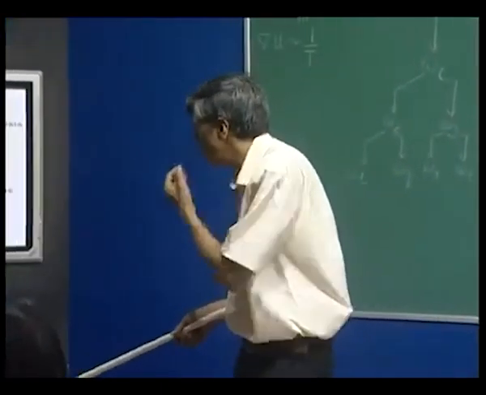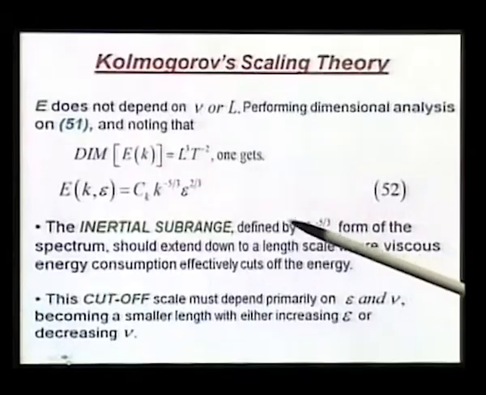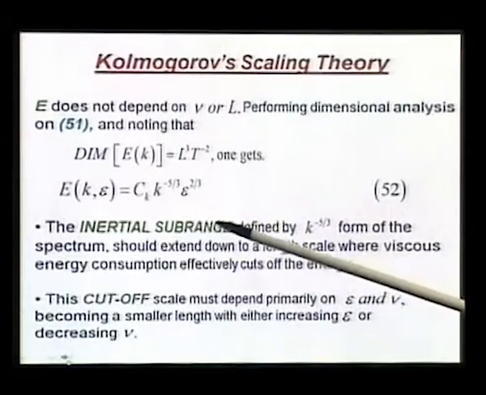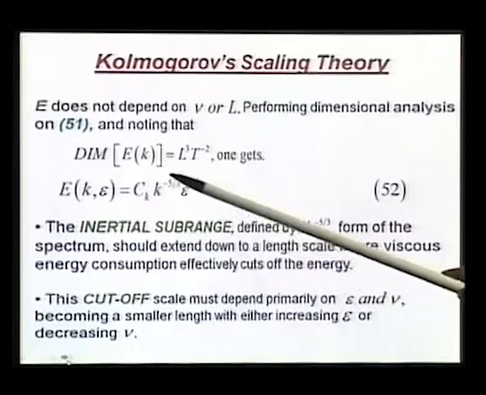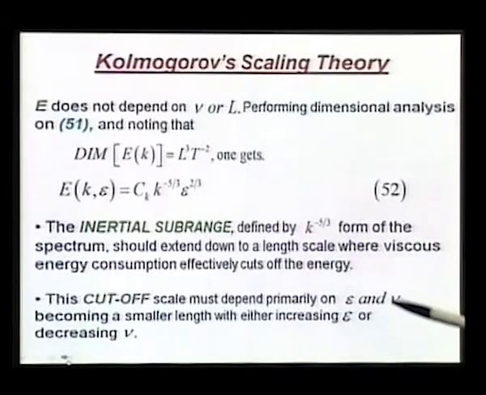Okay, so now we have learned something very interesting about turbulence, that we have an inertial subrange in all turbulent flows, and that is where we get k to the power minus 5/3. However, it gets cut off at a very high k. So, there is a cutoff scale.